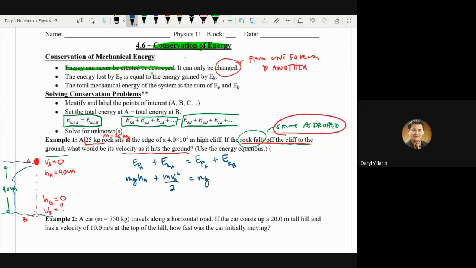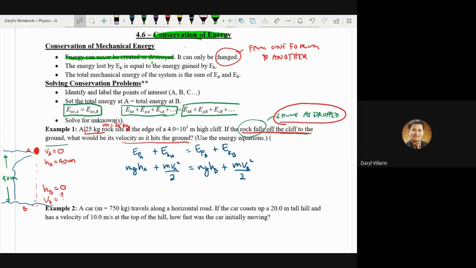That would be mgHB, plus what would be the kinetic at B? mvB squared divided by 2. So if you can see here, every term of your expression, on the two sides of the equation, will have the mass.